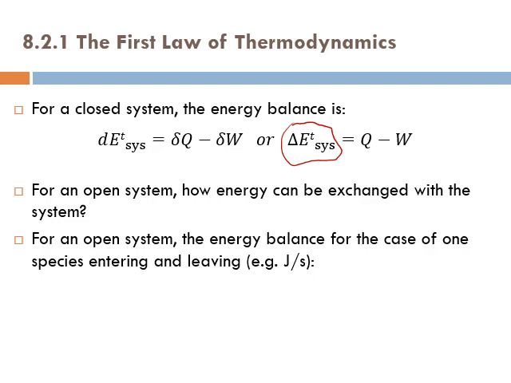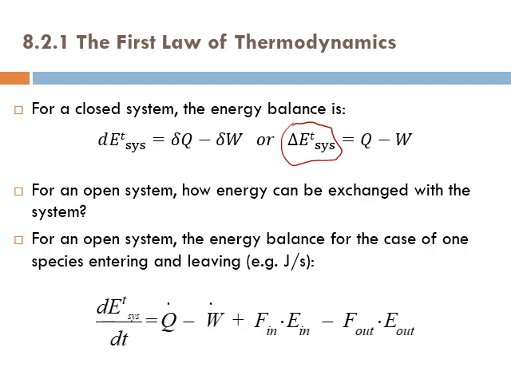So for an open system, the energy balance for the case of one species entering and leaving the system can be written as here: accumulation equals input minus output through heat, minus output minus input through work, and plus input minus output through mass, the mass which is coming in and leaving the system.